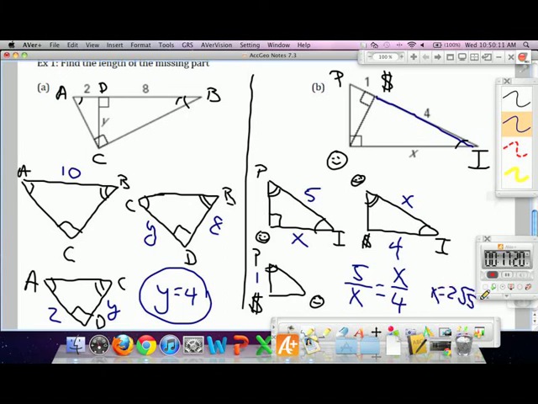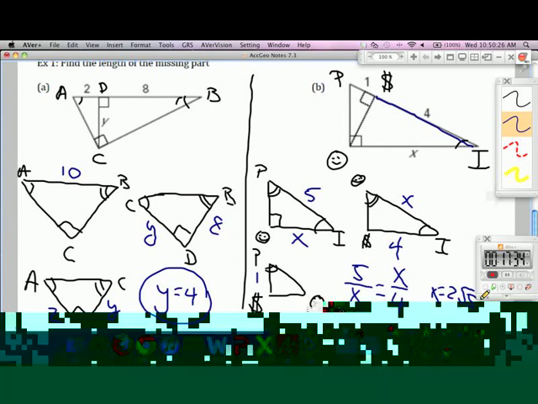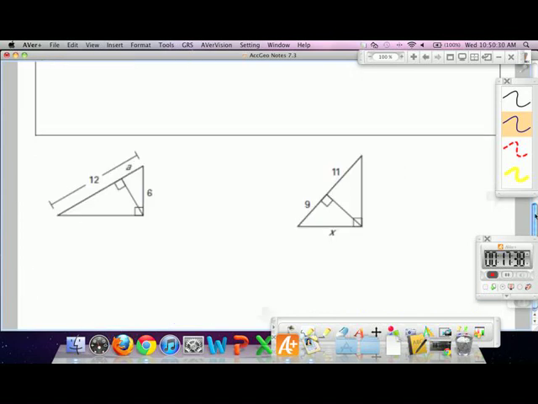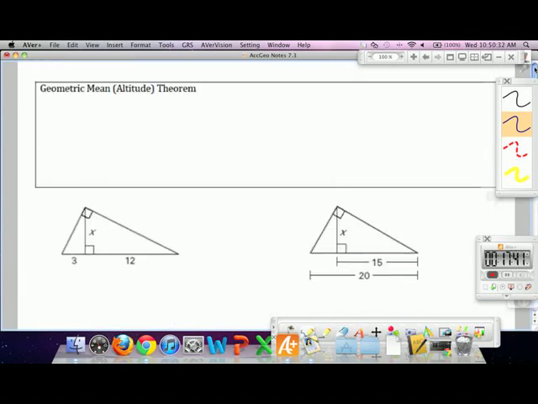Let's formalize these two patterns that we saw as theorems on the backside, so we don't have to redraw triangles every time. We'll make life less crowded. We'll start with the first idea. The geometric mean for altitudes theorem is what we'll call this.